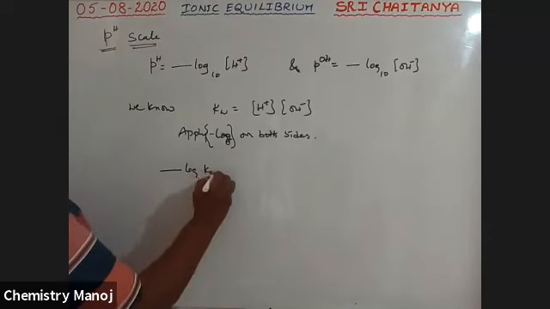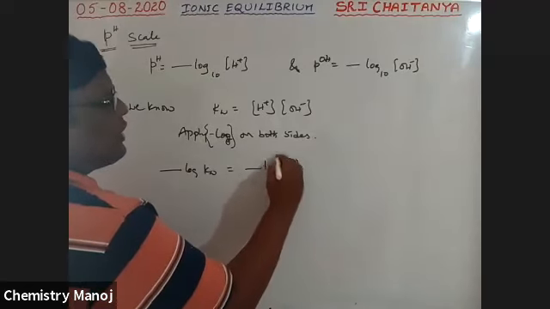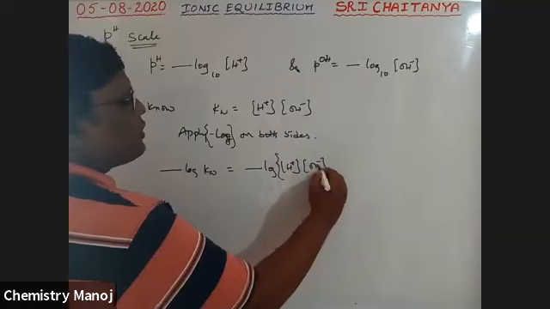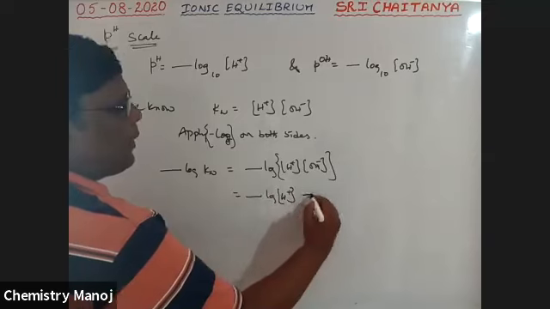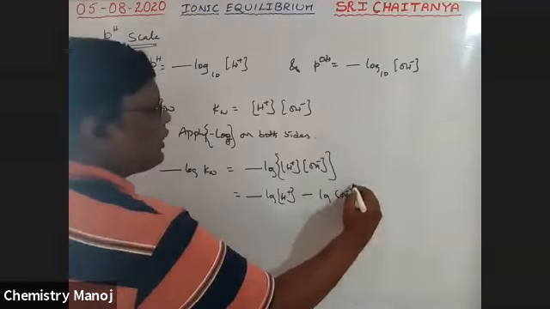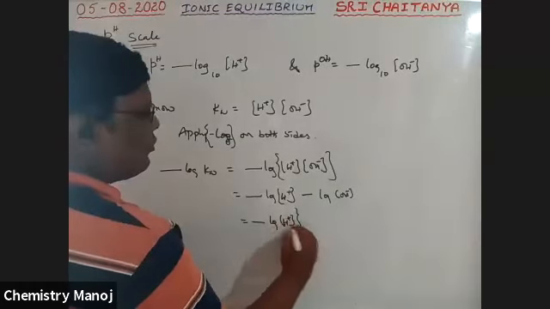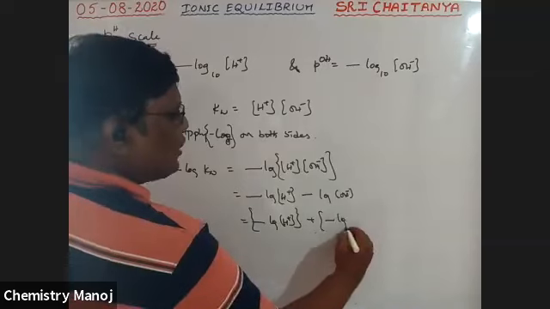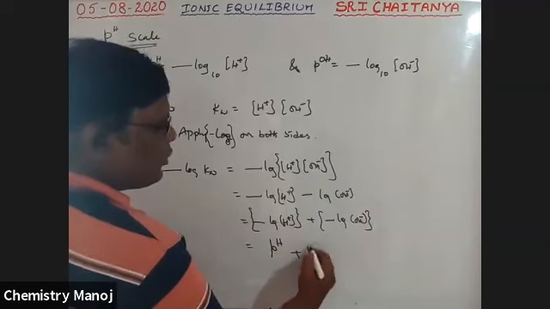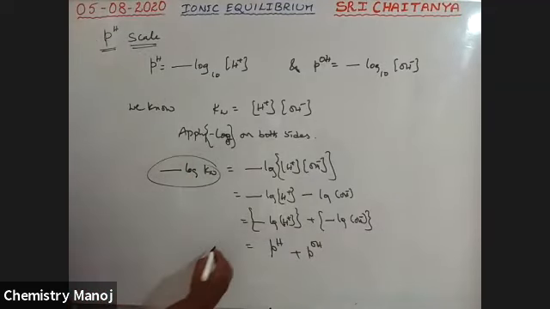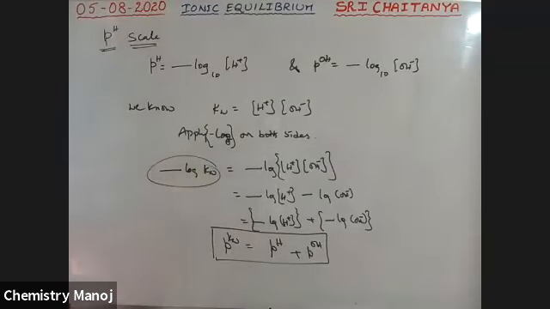Minus log Kw is equal to minus log of H plus ion concentration into OH minus ion concentration. That implies minus log H plus ion concentration minus log OH minus ion concentration, that means minus log H plus plus minus log OH minus. This is nothing but pH plus pOH, which is nothing but pKw.